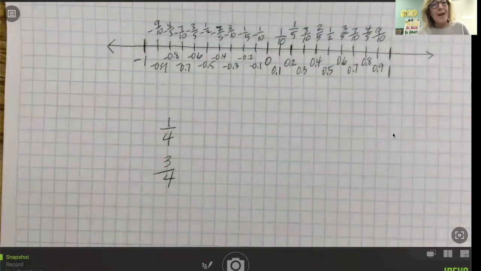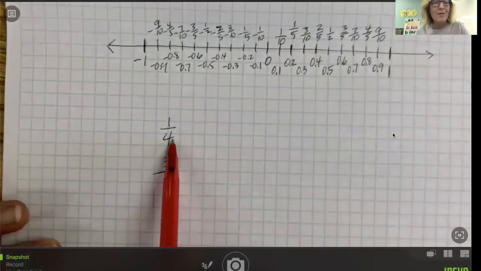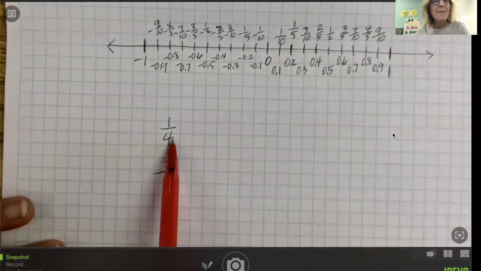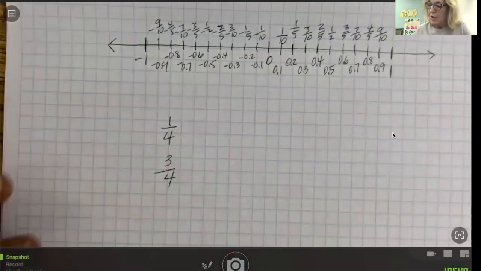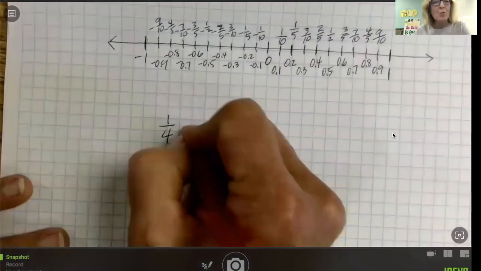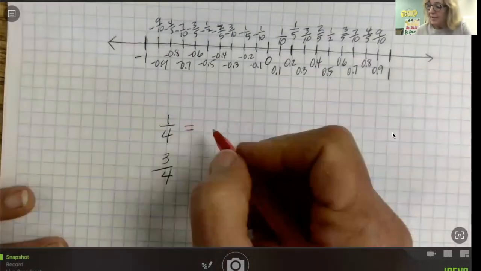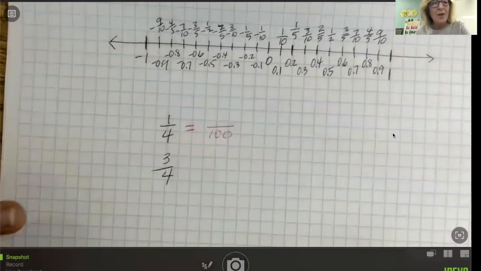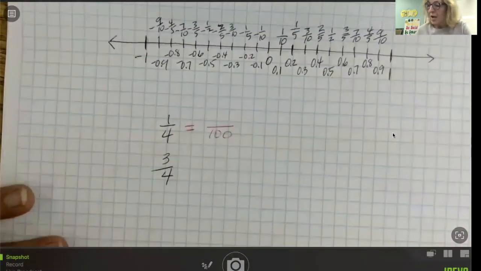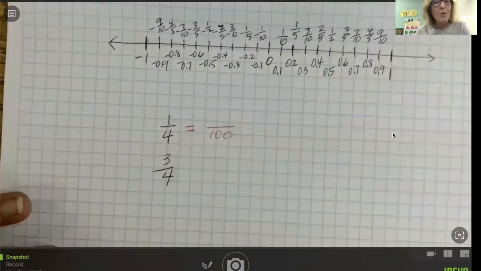So let's think about 1/4 in decimal form. The easiest way to think about 1/4 is if you have 4 parts, that's what 1/4 means. And we wanted to make it a decimal. Anytime you want a decimal, you want tenths or hundredths or thousandths. Well, we know that 4 is a factor of 100, and we know that it takes 25 fours to make 100.